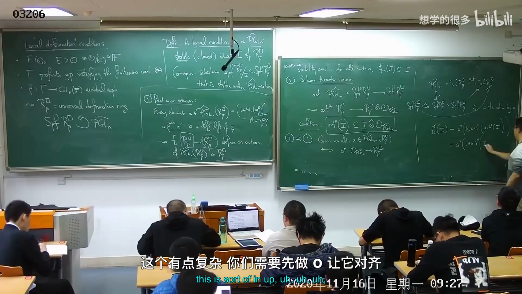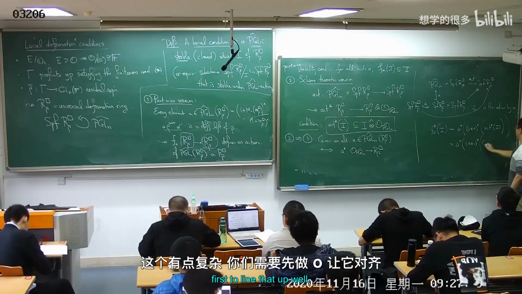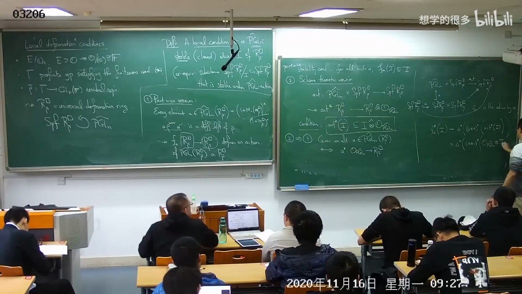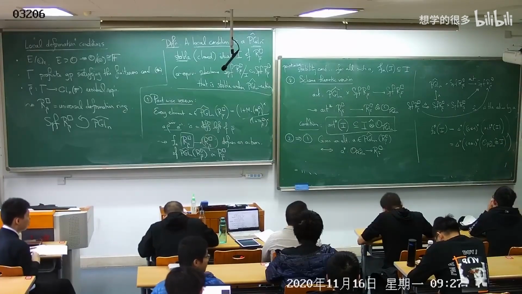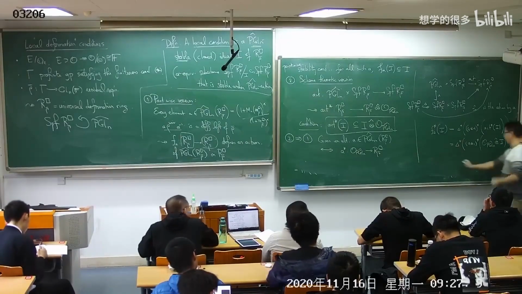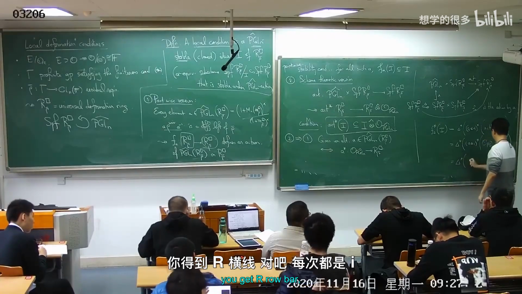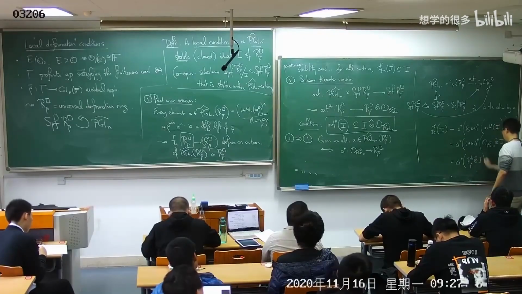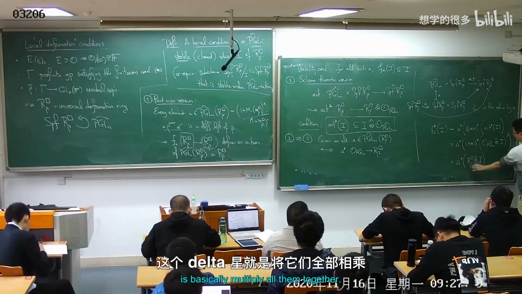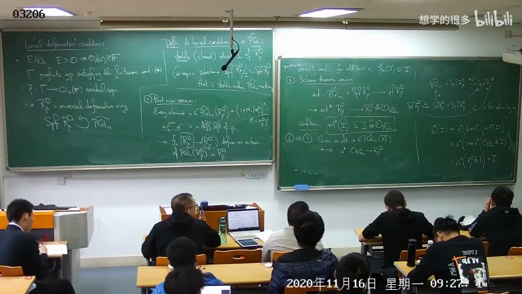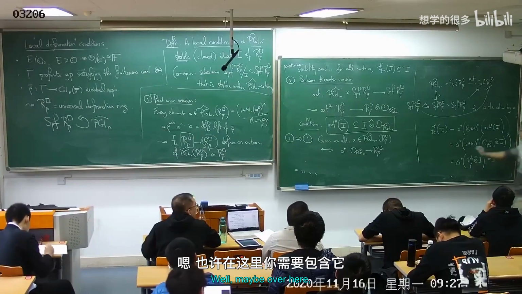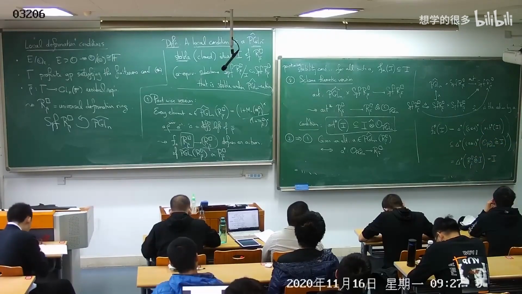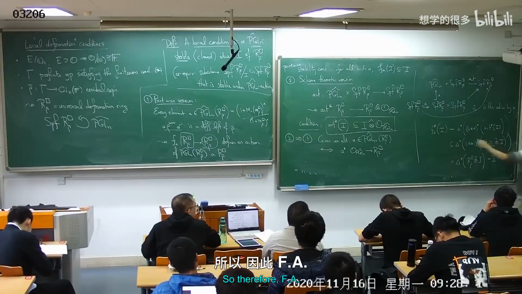I'll have to do O first to line it up well. And just pulling this back, you get R rho bar frame tensor with I. And this delta star is basically multiplying all of them together, so this is just I. Well, maybe over here you need to contain it. But anyway, it's going to be equal. So therefore, FA star is equal to I.